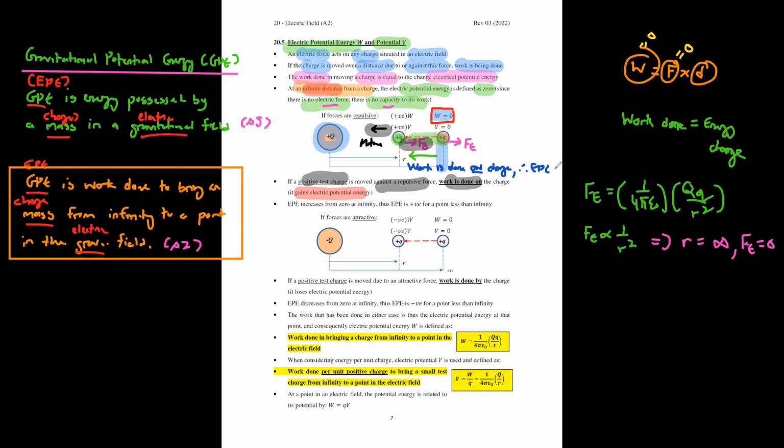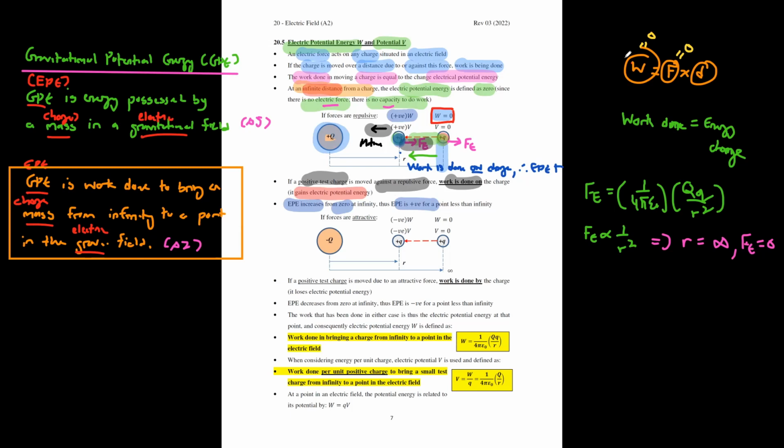Therefore, EPE increases. What would be the value of EPE here? You are having your EPE increasing from 0, so whatever EPE you have here would obviously be positive. Your EPE is going to be positive for any point that's less than infinity.